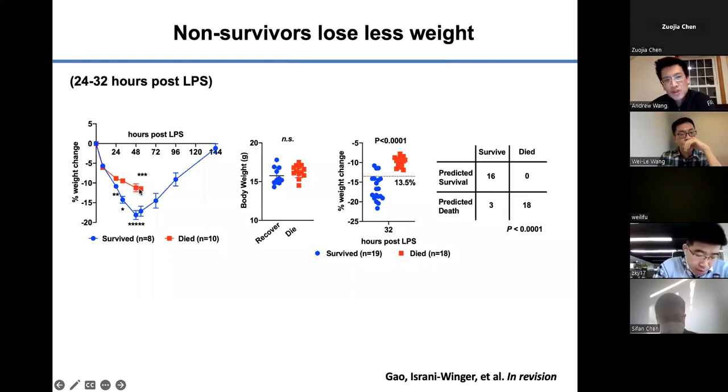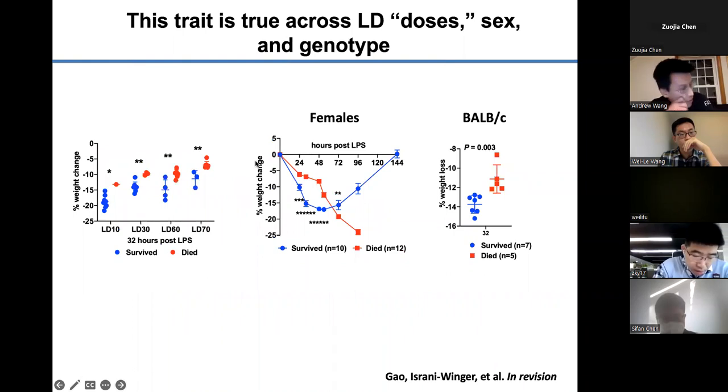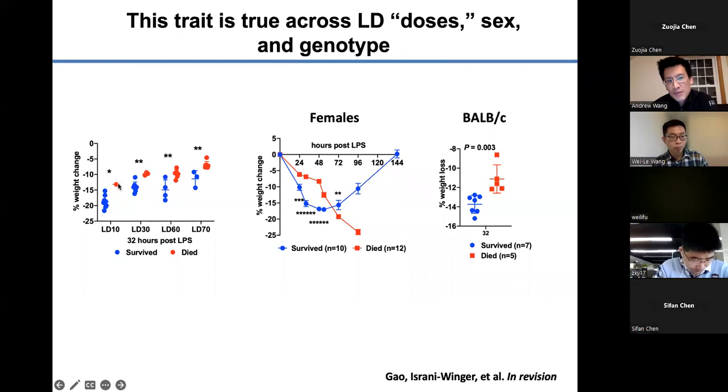In the spirit of the reverse engineering idea, we were then trying to understand how generalizable this weight loss finding could be. It turns out that if you use lower doses of LPS where you kill only about 10% of the mice, or higher doses of LPS where you kill 70% of the mice, in every case across all doses, the mice that would end up dying would be the ones that lost less weight.